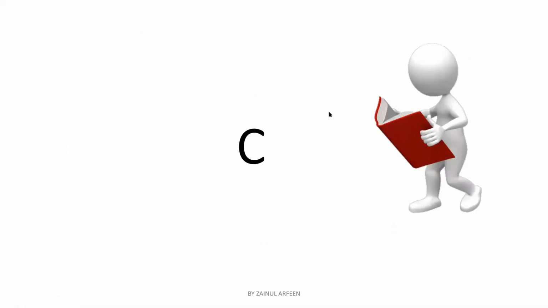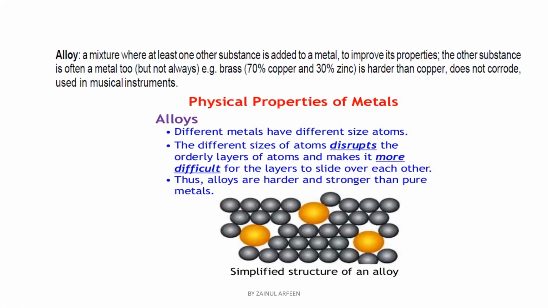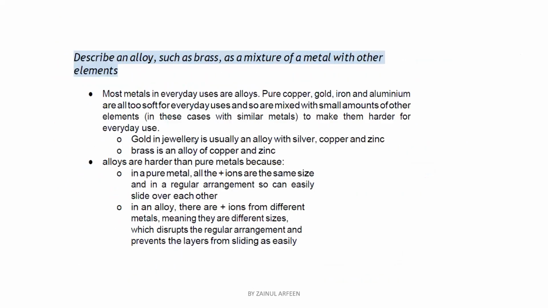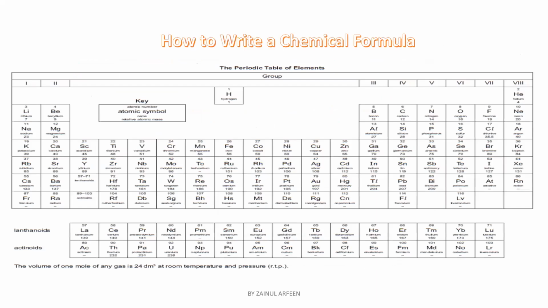This week we discussed writing a chemical formula and identifying. So basically we completed this objective about bonding and structure, the difference between element, mixture, compound, and metal and non-metal, and describing an alloy such as brass that we discussed yesterday. And today we discussed how to write a chemical formula of different types of compounds.